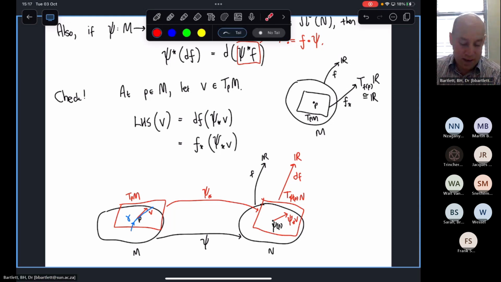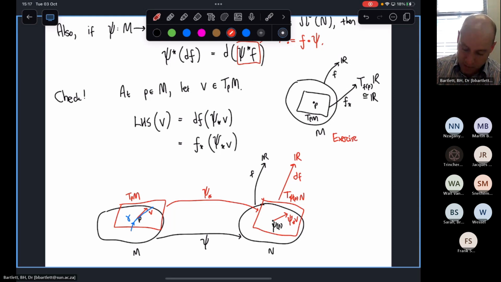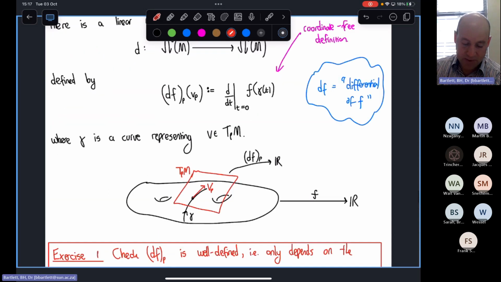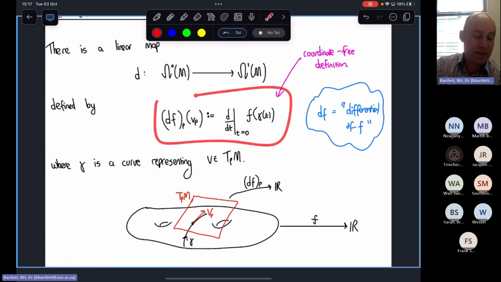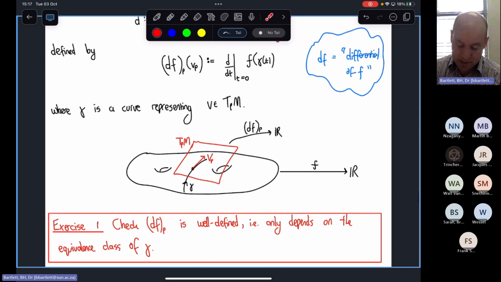And one exercise that I should write down is this fact here. If you calculate the differential of f defined in the way I defined it earlier, remember, I defined the differential of f in this formula here by differentiating along the curve representing the vector.